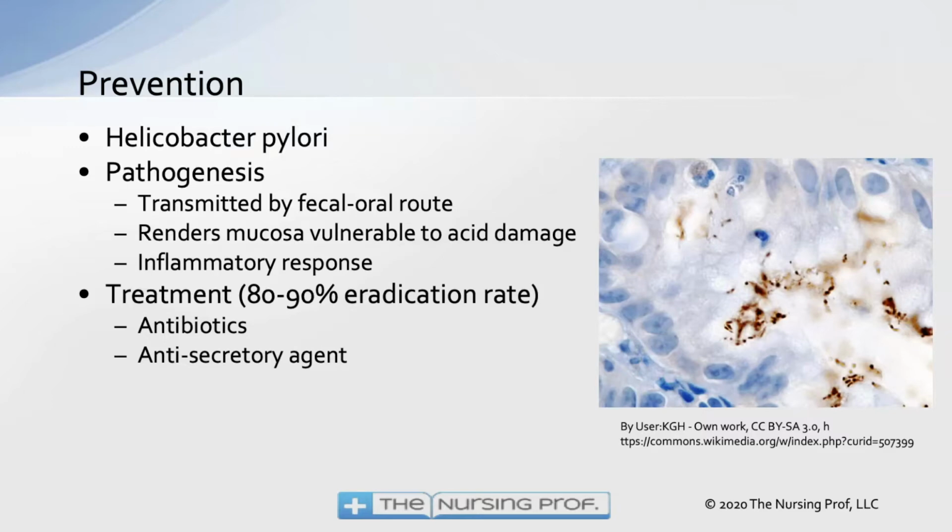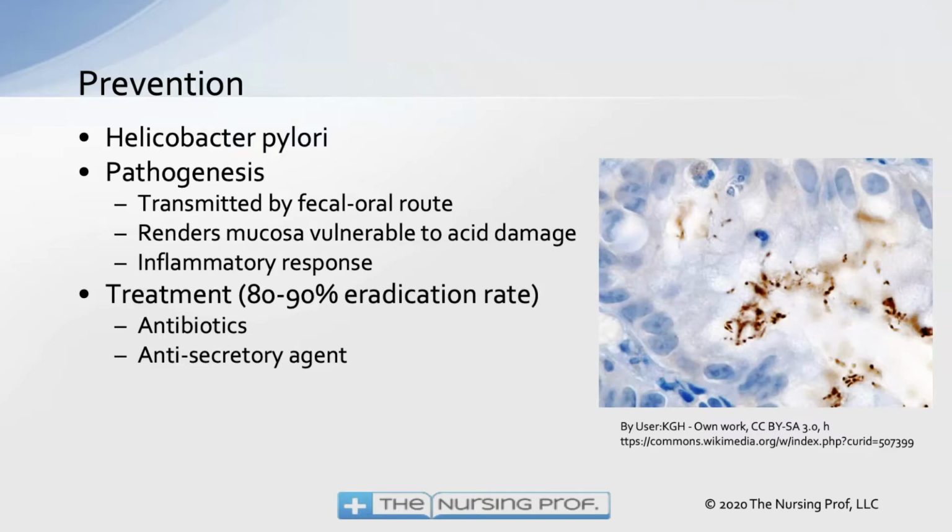So we get that transmission of H. pylori. Now, normally you don't notice any problem with H. pylori in the GI tract, but H. pylori can make the stomach lining a little bit more sensitive. And if there are additional risk factors that are involved, or some people are just a little bit more sensitive to H. pylori, then that can eventually lead to erosion and we have a GI bleed.